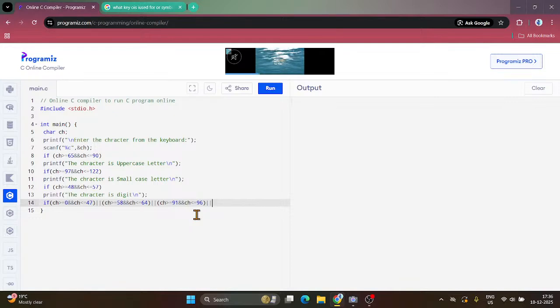Or CH greater than or equal to 123 and CH smaller than or equal to 127.